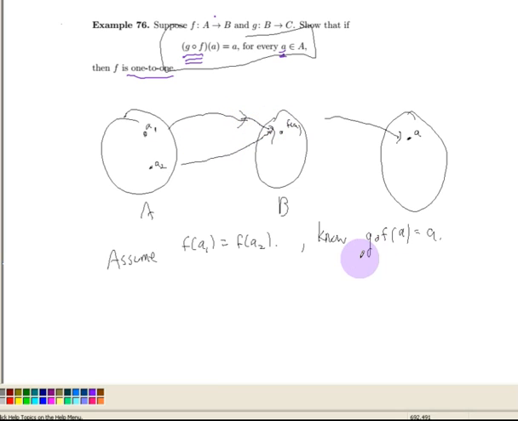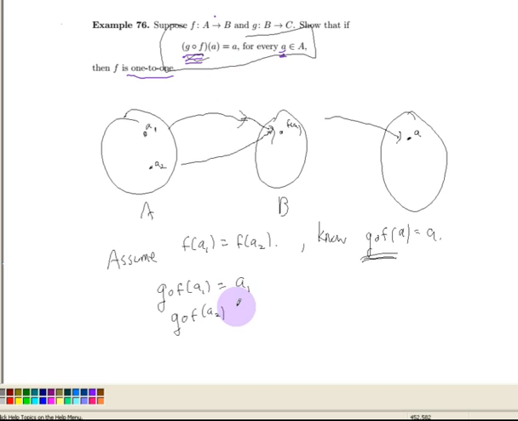Now, I want to use this fact that G composed F of A is equal to A. Now, both A1 and A2 go to the same F. What about G composed F of A1? Well, by this hypothesis, G composed F of A1 is A1. What about G composed F of A2?